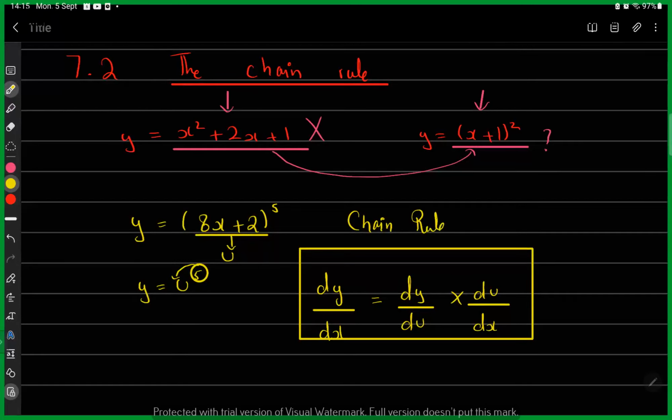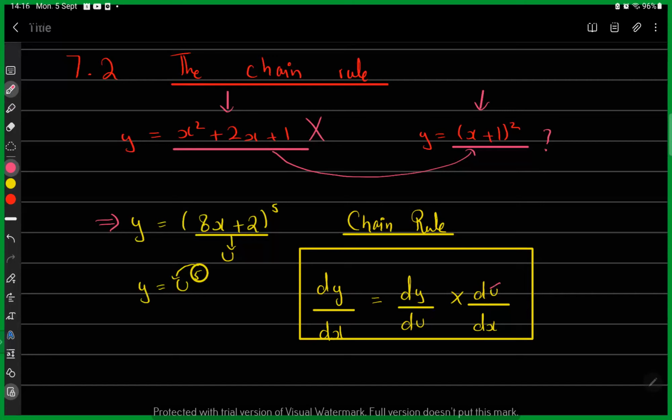In order to remember this, although this logic makes no sense in this case, the chain rule says you need to find dy by dx. Otherwise we are able to differentiate it directly. But if you have something inside brackets, we'll be using the chain rule. And how do we use it? dy by du multiplied by du by dx.